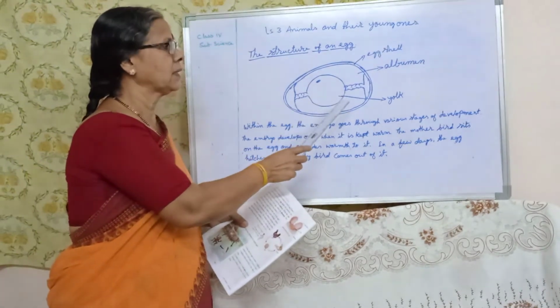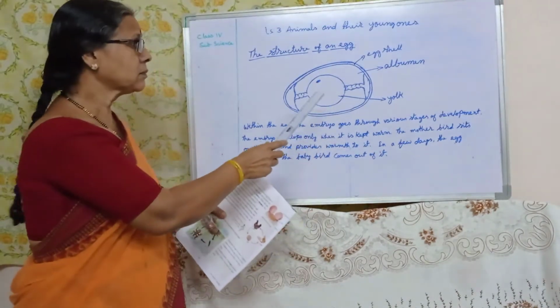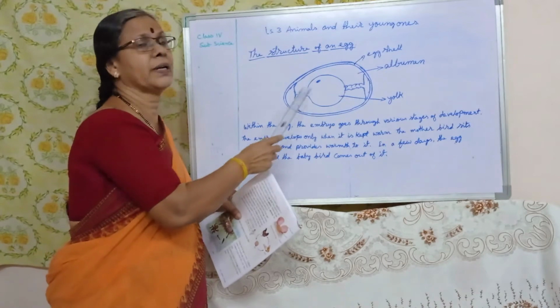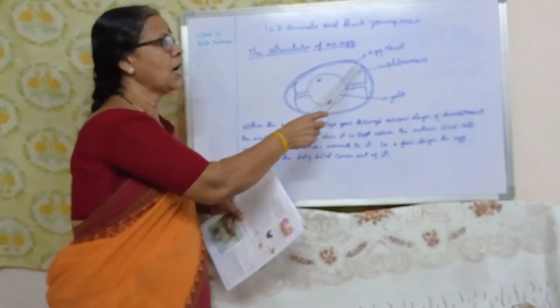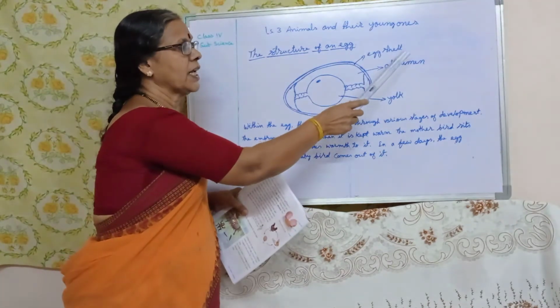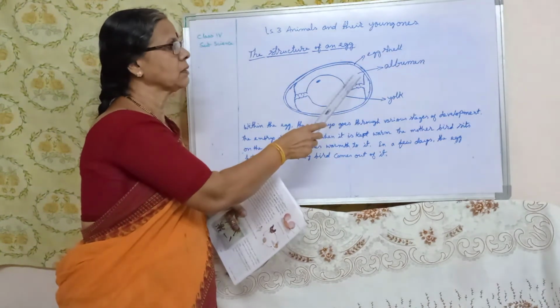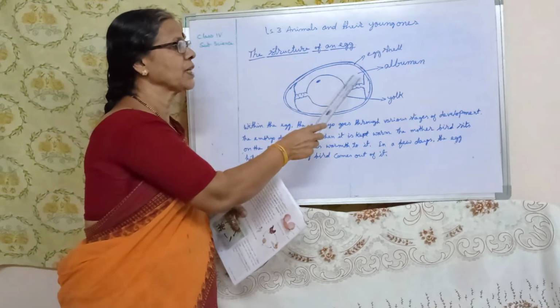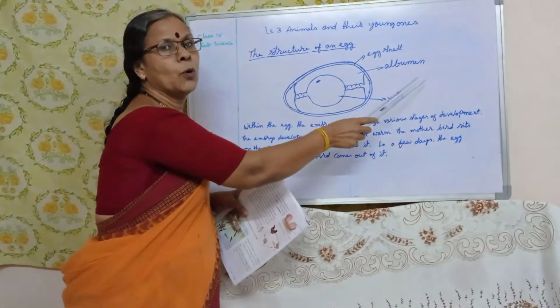They lay eggs, and this is the structure of an egg. The hard outer layer is called an eggshell, and the white sticky substance, which you can say is watery type, is called the albumen.